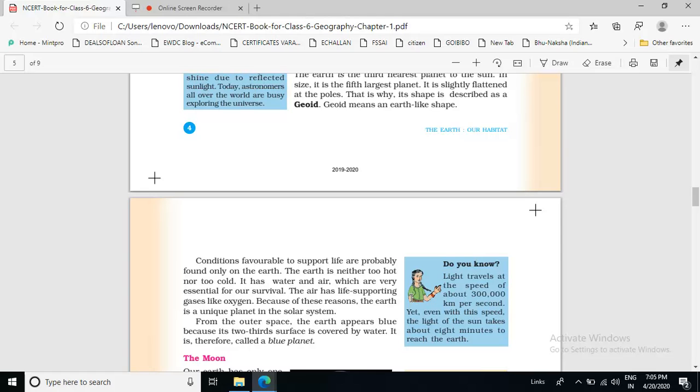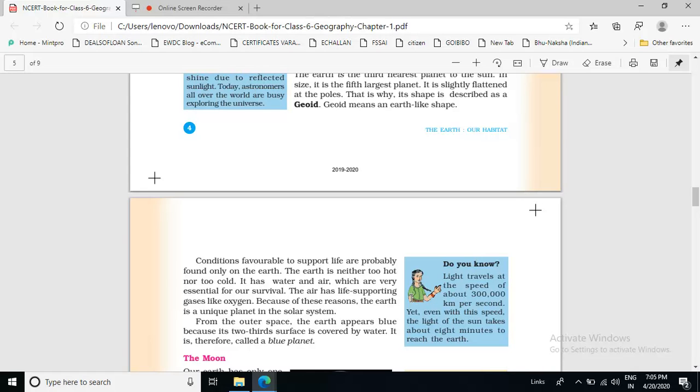Okay. Now, if we see the Earth from space, we find that the Earth appears blue. Why does the Earth appear blue? Because two-third part of the Earth's surface is covered by water, and this is the reason why the Earth is called a blue planet.